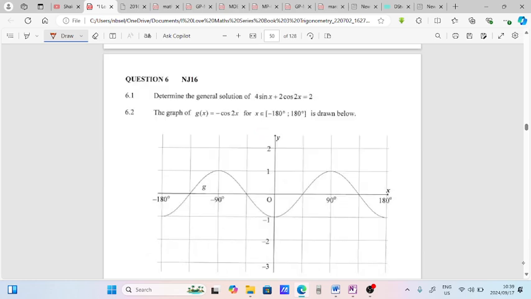6.1. Determine the solution of 4 sine x. So that one, this one is an obvious case. We have to mark. How many terms do you see here? On the left hand side, how many terms?